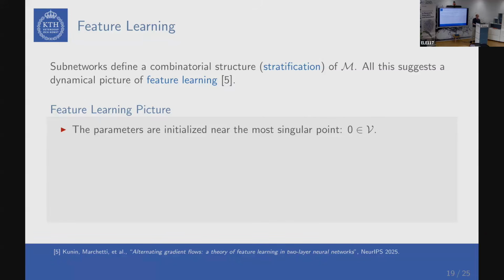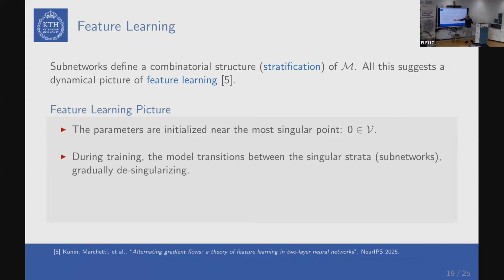What happens during training? During training, the model transitions between the singular strata, subnetworks, gradually desingularizing. All neurons start as dead, inactive. I claim that during training, one by one, the neurons activate, meaning that their weights transition from being close to 0 to being away from 0. In other words, my function jumps between the singular strata of the neuromanifold. My active subnetwork becomes bigger and bigger.